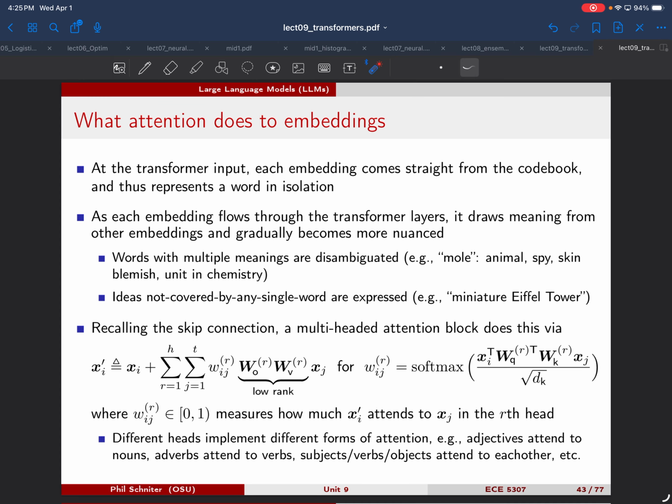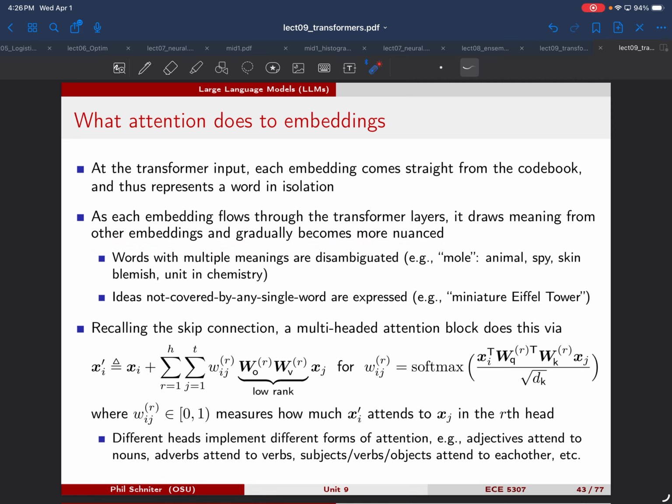So what attention does to embeddings, now that we know more about embeddings, we've discussed this a bit before. When you look at the input to the transformer, each embedding comes straight from the code book, and so it represents a word in isolation. But then as the embedding flows through the transformer layers, it draws meaning from the other embeddings in the context and gradually becomes more nuanced.